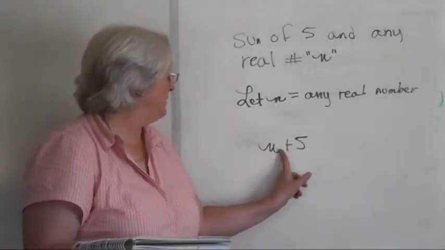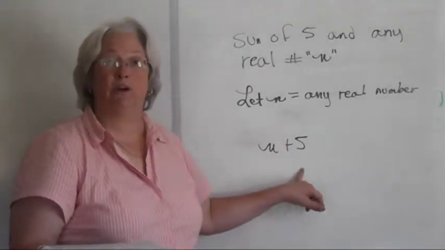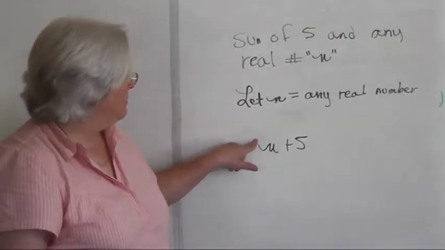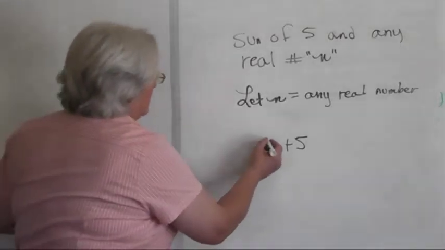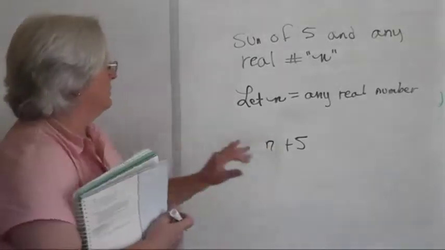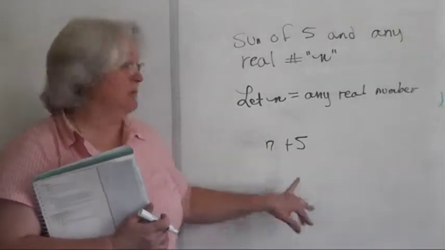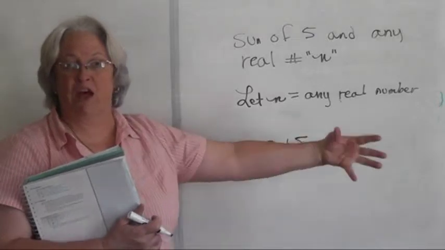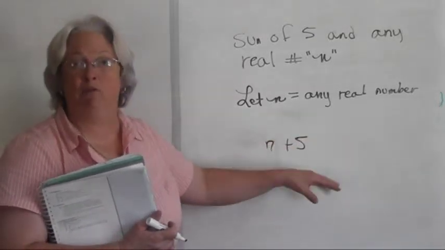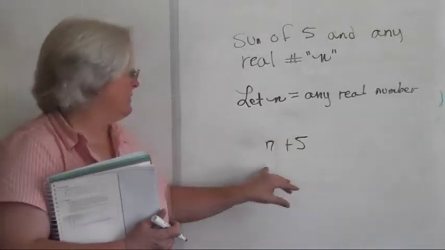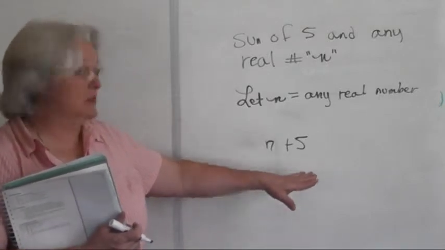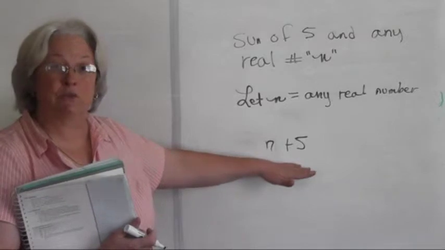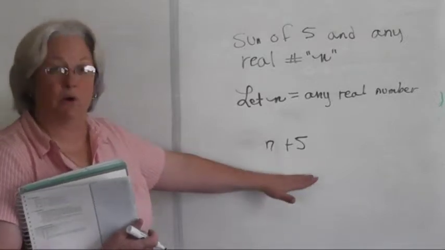And this value here is going to vary according to what you pick for n. Let me make that a little more noticeable. N plus 5, if n is 0, the value is 5. If n is 1,000, the value is 1,005. If n is a negative 5, the value is 0. So you see how the answer to this algebraic expression is going to change.